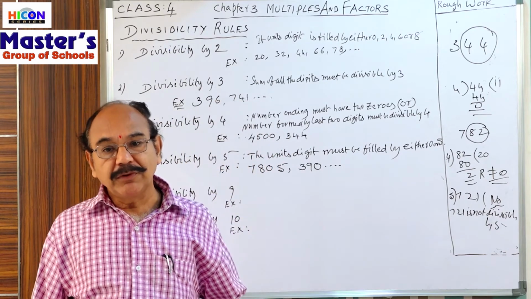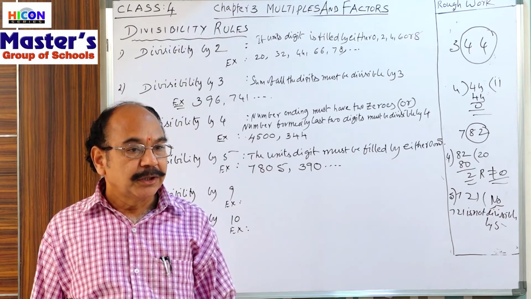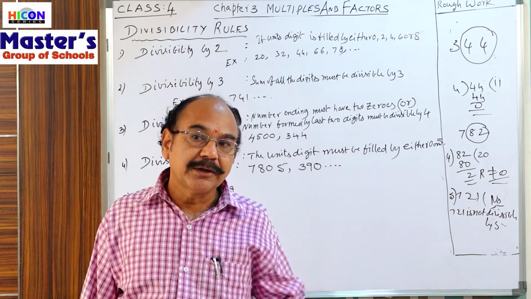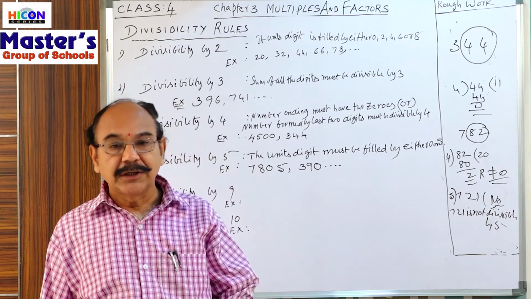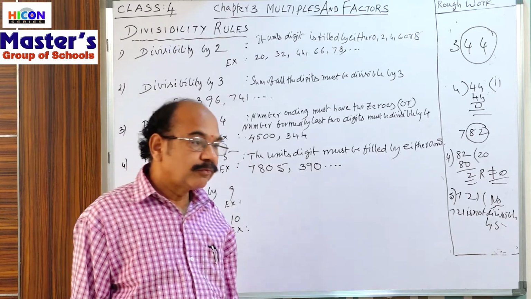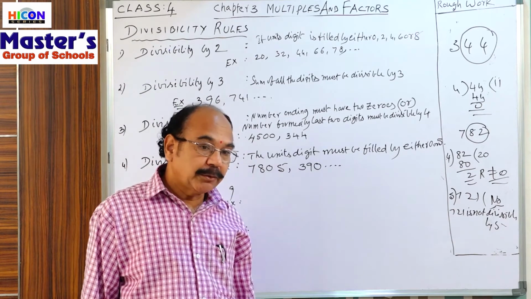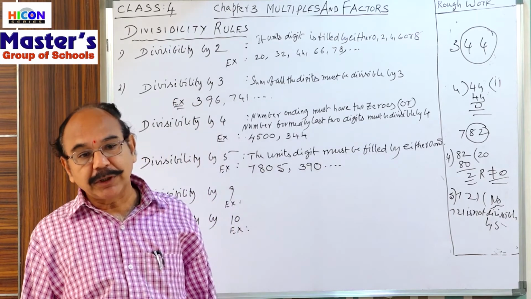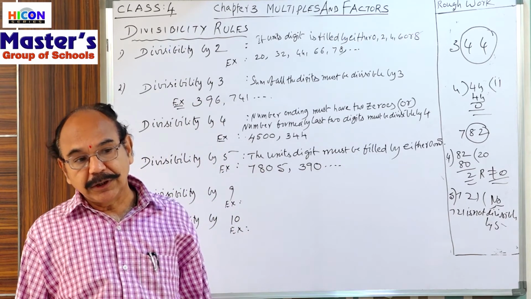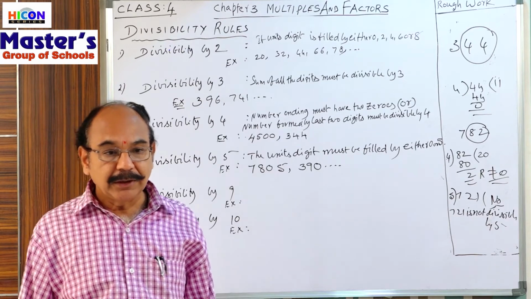If the sum of all the digits of a given number is divisible by 9, then we say the given number is divisible by 9. If the sum of all the digits is not divisible by 9, then we say that the given number is not divisible by 9.